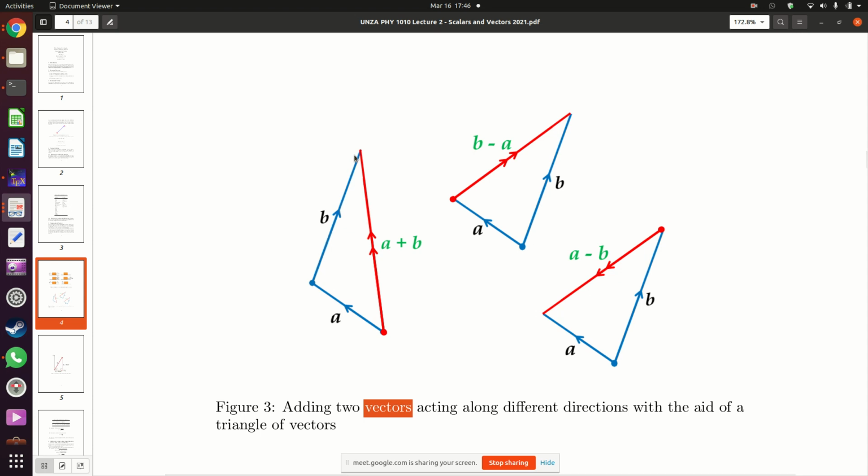The other thing you're supposed to be aware of with vectors is a vector has got size, a vector has got direction. If the size remains unchanged, the direction also remains unchanged. It means that you can shift the vector as long as the size stays the same and the direction stays the same. And that is what we do here. This is what happens in this diagram here.